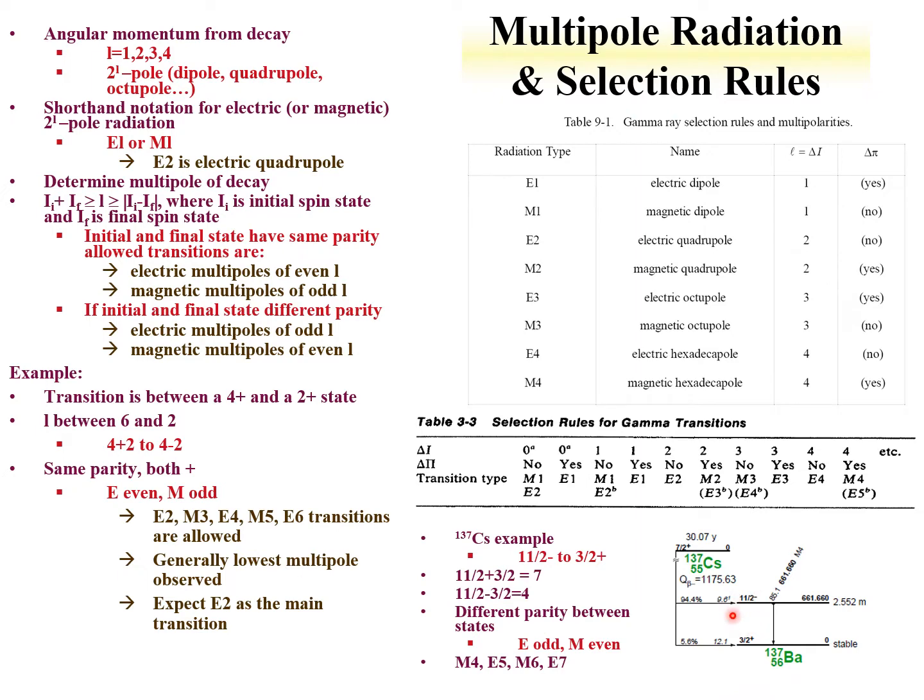So 11/2 plus 3/2 is 7. 11/2 minus 3/2 is 4. The states are of different parity. So the electric multipoles will be odd L and the magnetic multipoles will be even L. It goes through 4, so it'll be M4, E5, M6, E7. And as we saw, M4 is the lowest, and that's the value that's listed right here on the table of the isotopes.